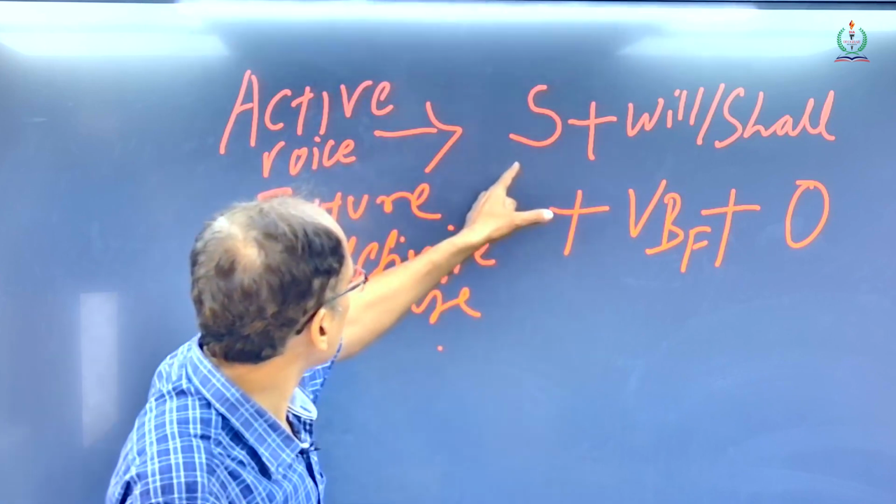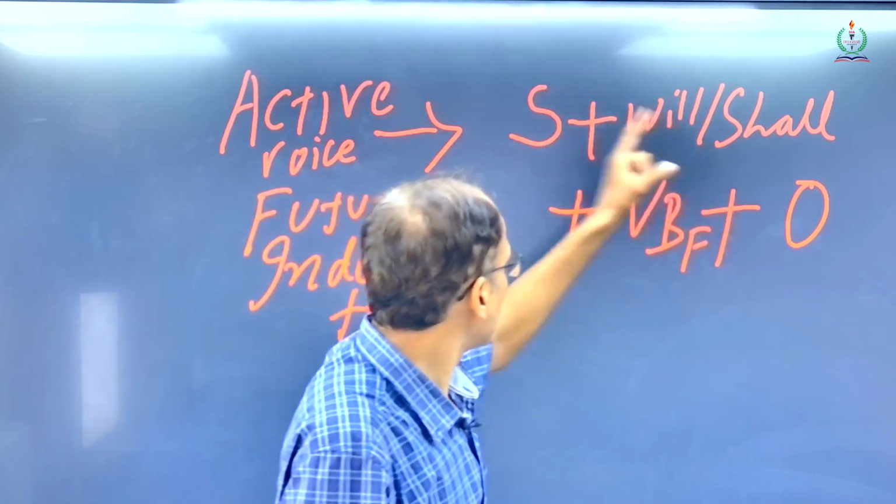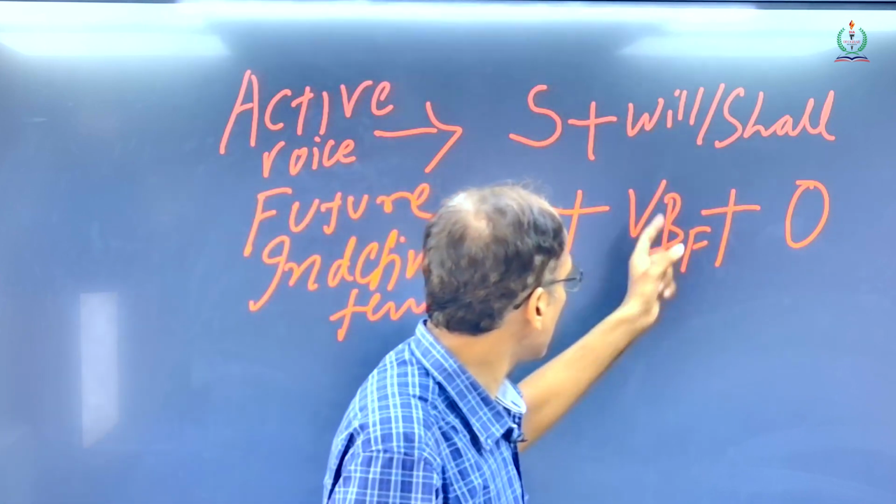So, this will be subject plus will or shall plus verb in a basic form plus object.